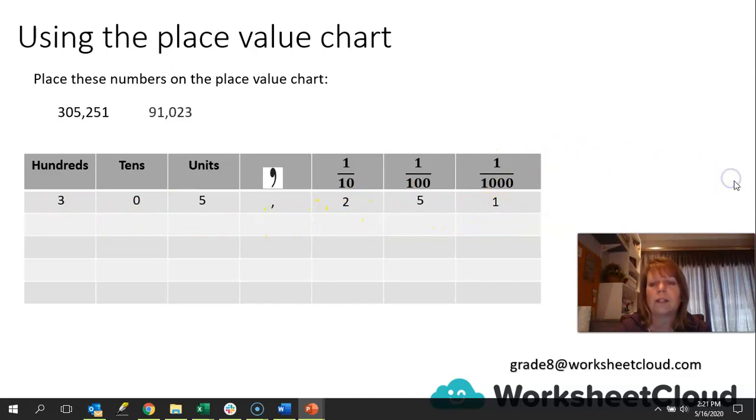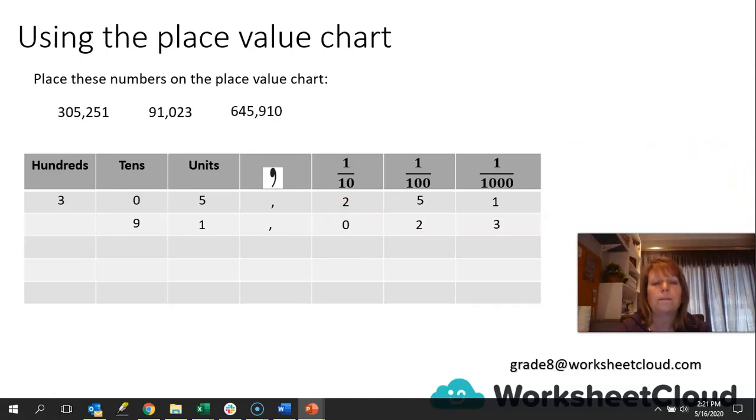All right, let's have a look at the next one, 91,023. 9 under the tens, 1 under the units, there's the decimal comma, 0 under the tenths, 2 under the hundredths, and 3 under the thousandths. Again, you can see that that naught is a placeholder. It is very important. We cannot leave it out, otherwise it will change the value of the number.